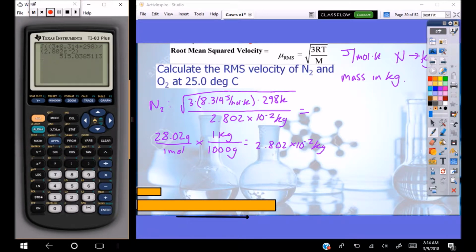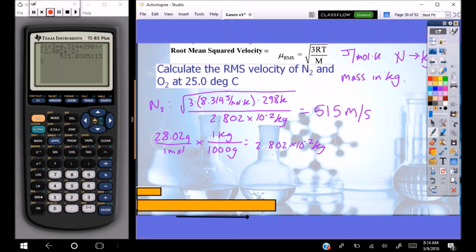You can do 3 sig figs here because of our temperature value: 515 meters per second. Everything would cancel out and we would get meters per second. I won't trouble you with the units because you won't see this calculation very often, but if you were to expand out what a joule is, we would be able to figure out this is in meters per second.